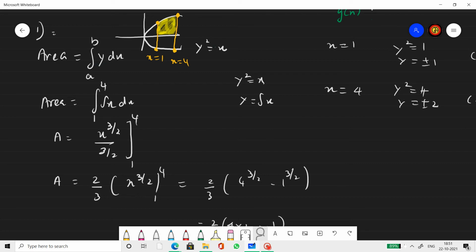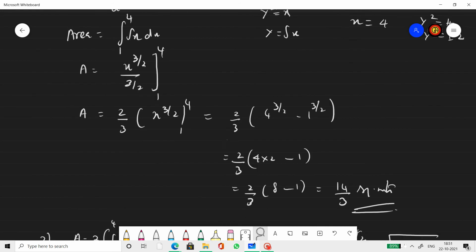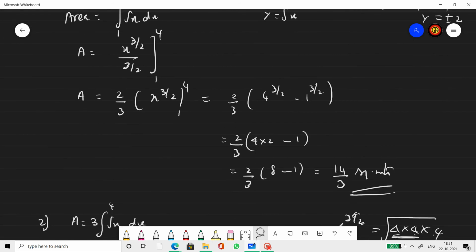So in the place of y we substitute root x, then integrate it, apply the upper limit and the lower limit, and get the area. So this would be the area for the first question.